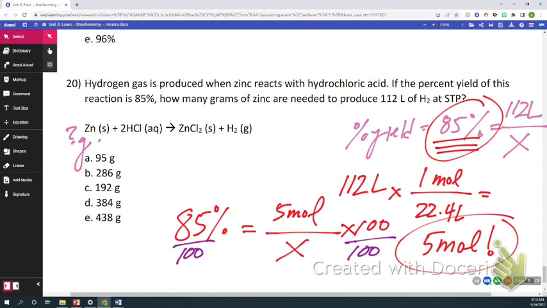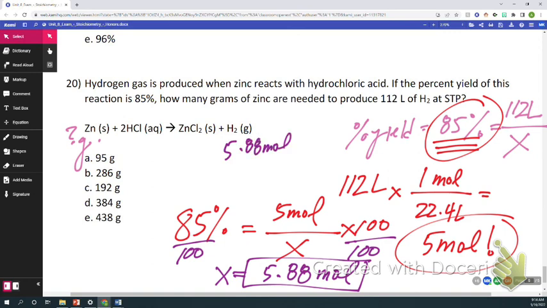X equals 5.88, around 5.88 moles is what I need to create of H2. This is what was difficult about this problem. Then ride the train over to zinc. It's a 1-to-1 ratio, so it's 5.88 moles.